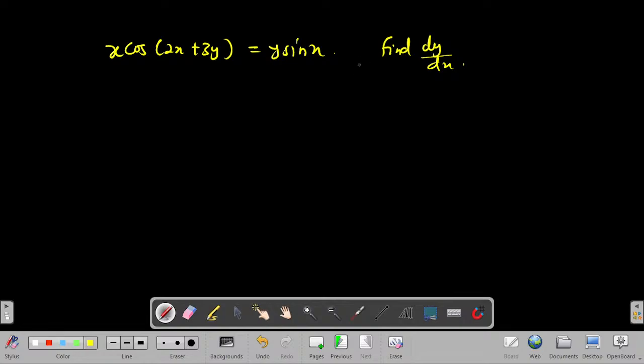For you to do any implicit differentiation, you have to understand the meaning of implicit, and the counterpart is called explicit. An implicit function is one where the dependent variable is not standing alone, as in y is equal to.